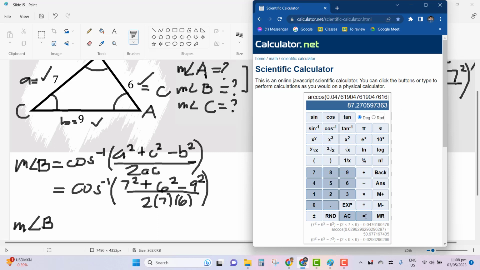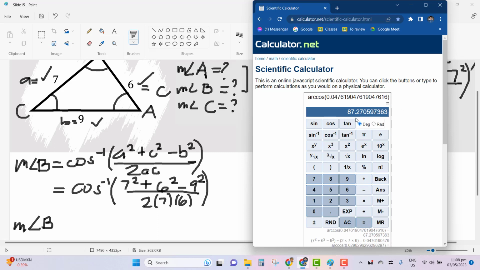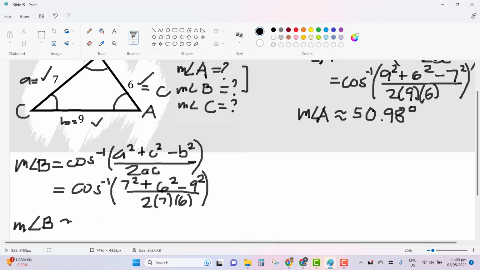And then you have here equals. So that's 87.270597, and so on, or approximately, in 2 decimal places, 87.27. So approximately 87.27 degrees.